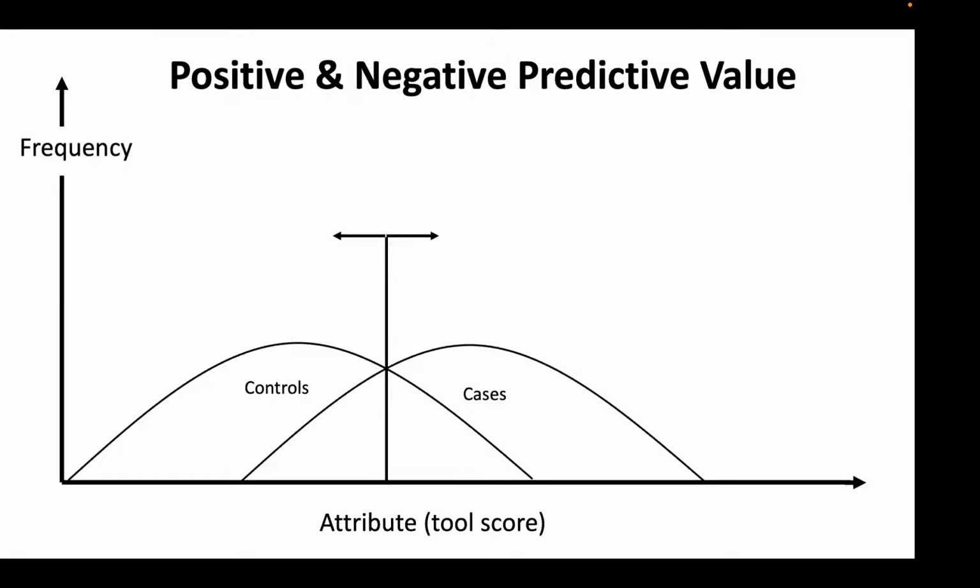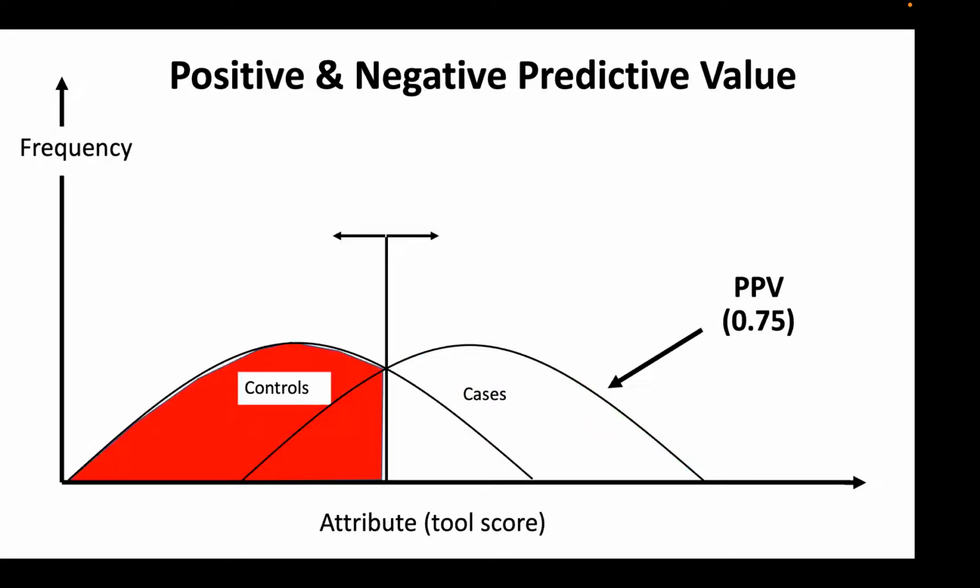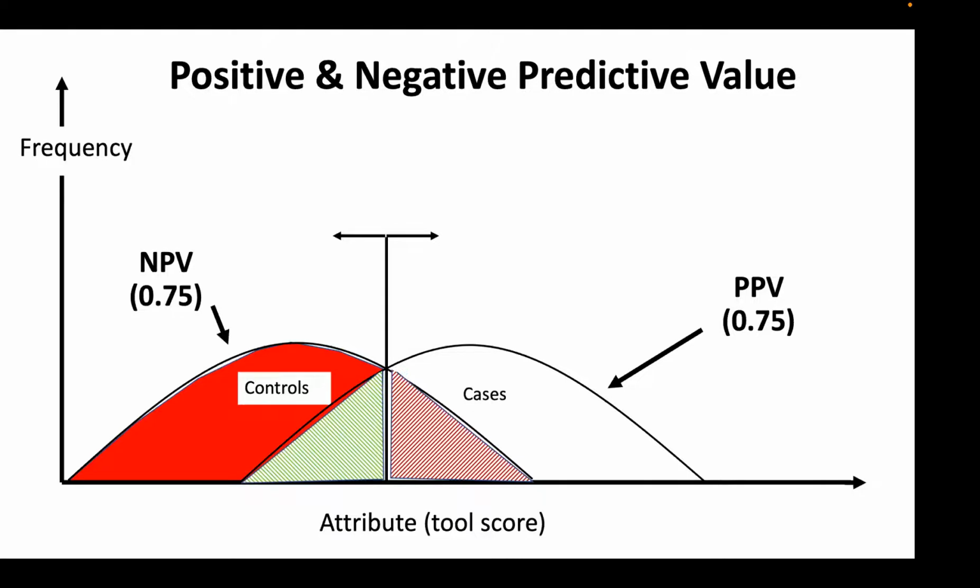For positive predictive value, I got 3/4 of my cases identified, but I also missed 1/4 and have an extra quarter of the ones from the controls. So again, it's a 0.75. So it's not so bad, 75% likely. And the same thing is true when I do negative predictive value. I've identified 3/4 of my controls properly. I missed 1/4 of them, and I have 1/4 of my cases in there.